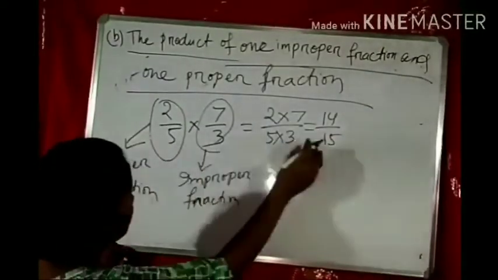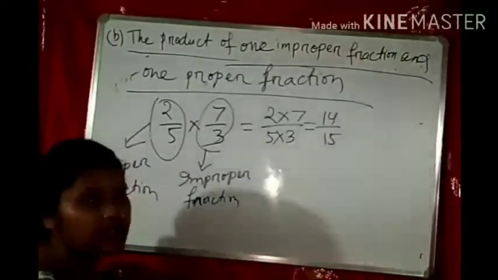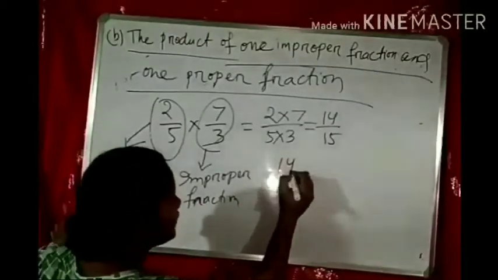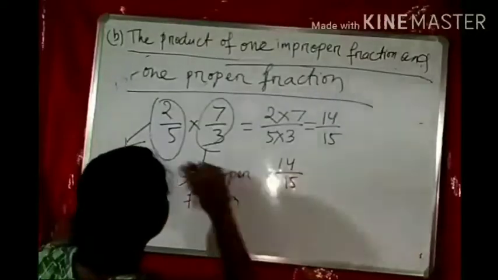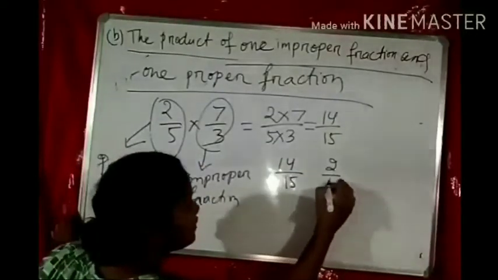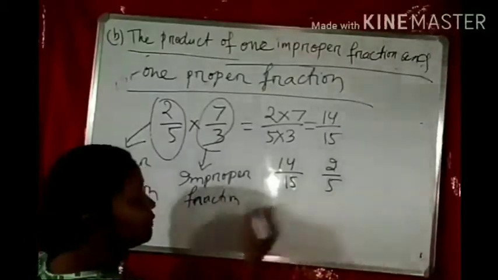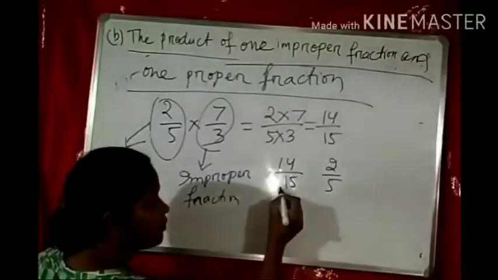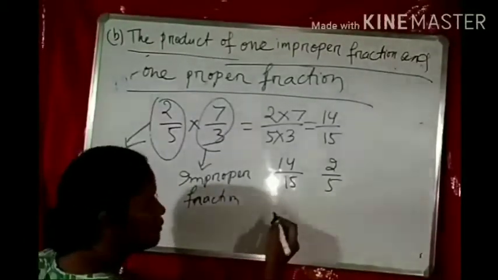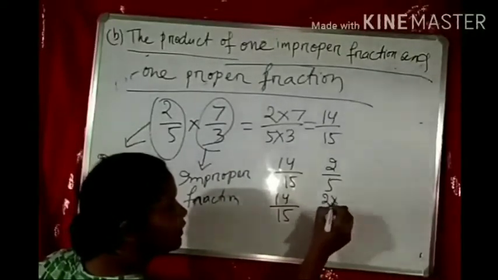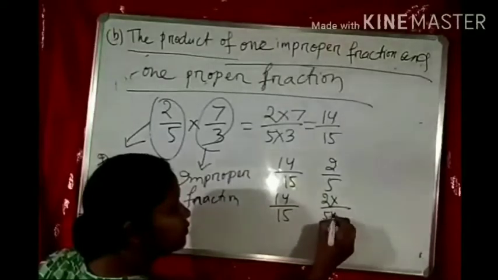So let's check with the proper and improper fraction which one is greater and which one is lesser. 14 by 15, and here the first one is the proper fraction 2 by 5. So from 15 and 5, the LCM of 15 and 5 is 15. So for 14 by 15, we will write 2 into 3 over 5 into 3.